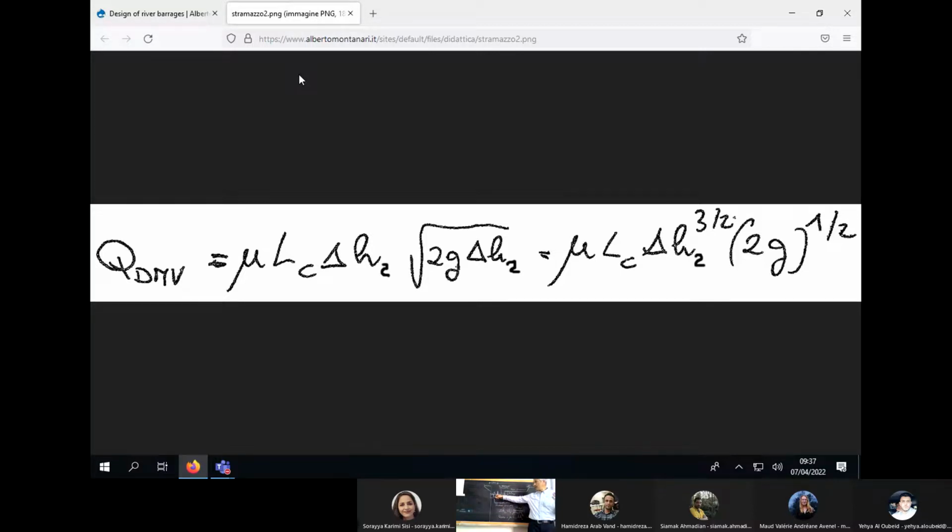And therefore, it turns out that downstream you have more than the environmental flow because the water level is increasing. According to this relationship, if you increase the water level, you get an elevation that is higher than delta H2. You have a flow downstream that is greater than the environmental flow, which is fine. The important thing is that it's not less. If it is more than that, it's fine.